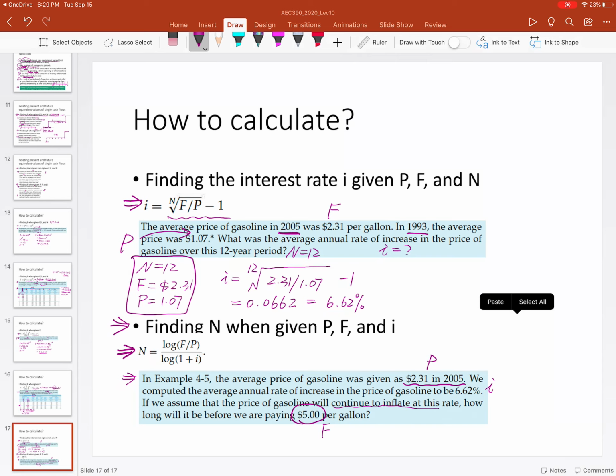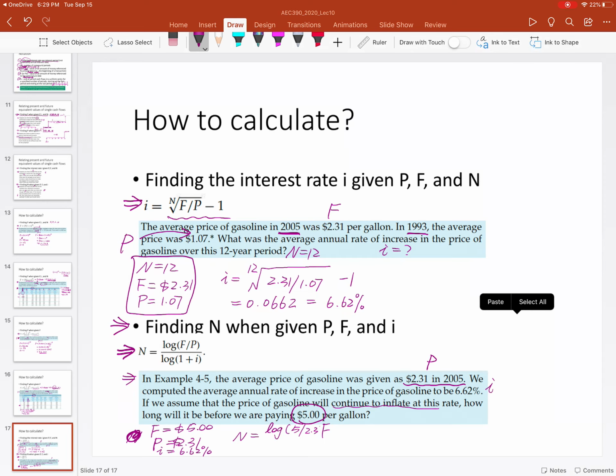So now the way you do this problem is you use the equation. But before that you need to find out the values of these letters, right? So F is $5, P is 2.31. And I is 6.62%. Now we can substitute the letters with these values.